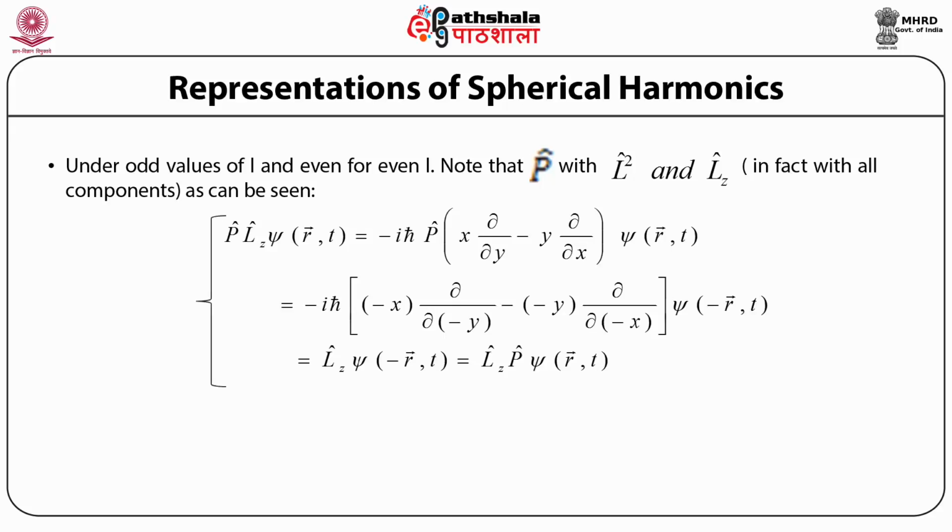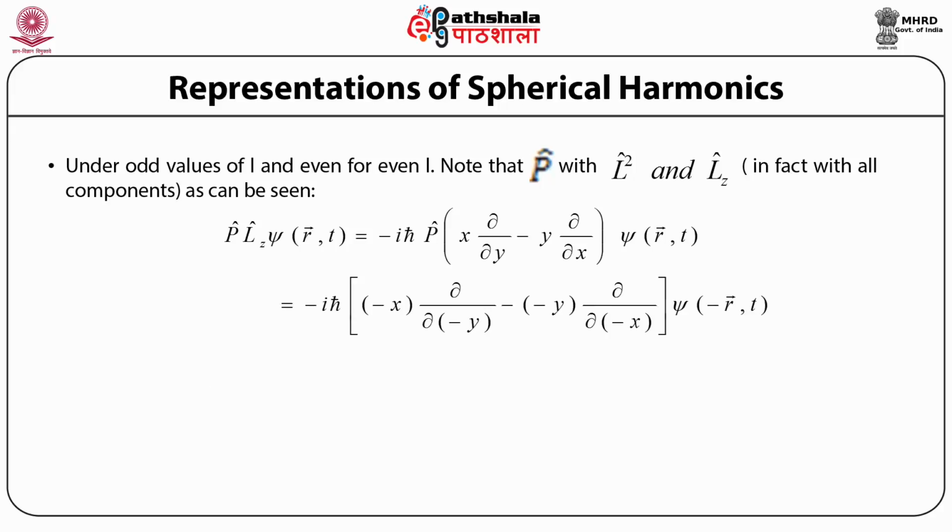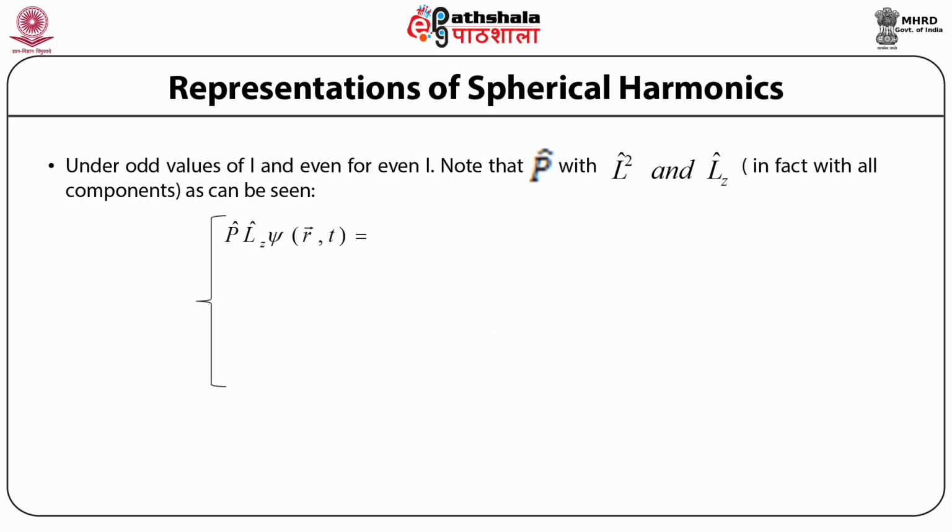and this parity will correspondingly be taken by the spherical harmonic Y_lm. It is important to note that the operator P commutes with the operators L squared and Lz, in fact with all components.